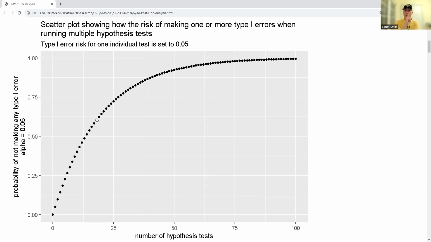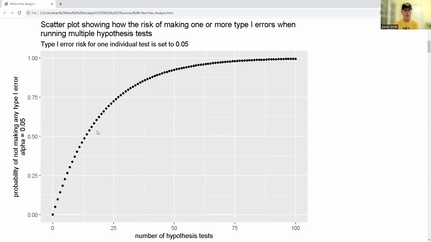Now, with my first test, there's a 0.95 chance that I'm going to make the right call, in terms of type 1 error. And then second time, 0.95, then 0.95, 0.95. It's going to work out that the probability of not making any type 1 errors is going to be 0.95 to the power of n, okay?